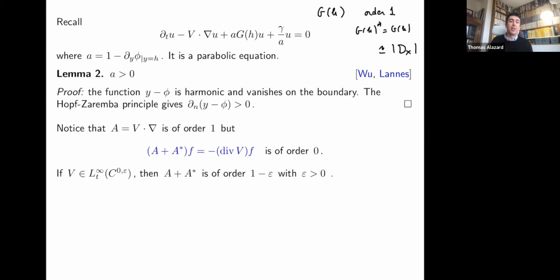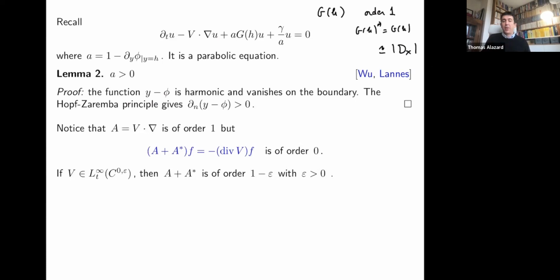If V is a Lipschitz function, this is bounded, and hence this is an operator of order 0 on L2, for instance. For us, the situation is slightly more difficult, because we are not assuming that capital V is Lipschitz. By Sobolev embedding, V will be only in L infinity in time with some Hölder modulus of continuity, C^epsilon, for epsilon small enough.